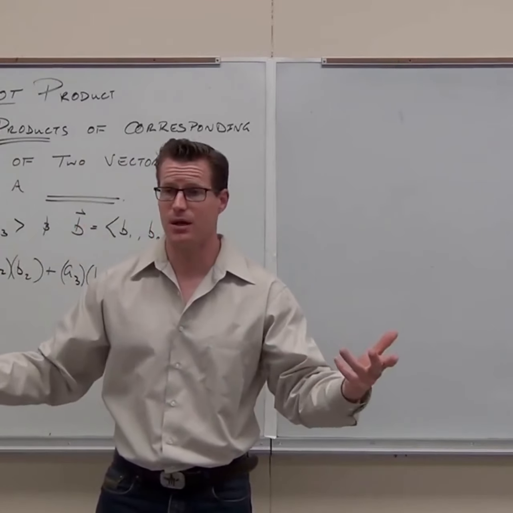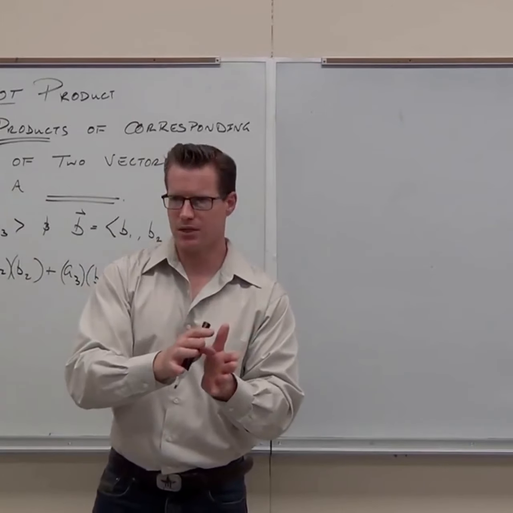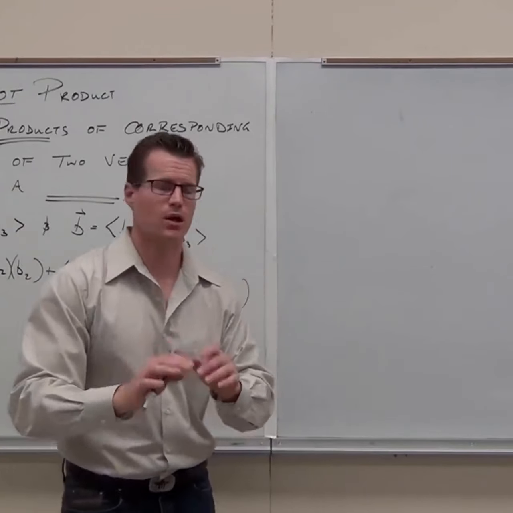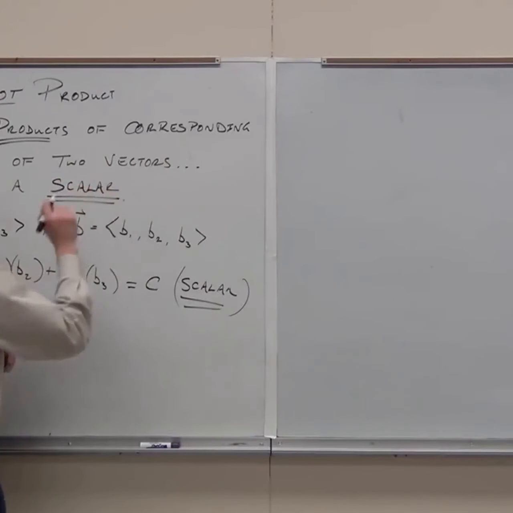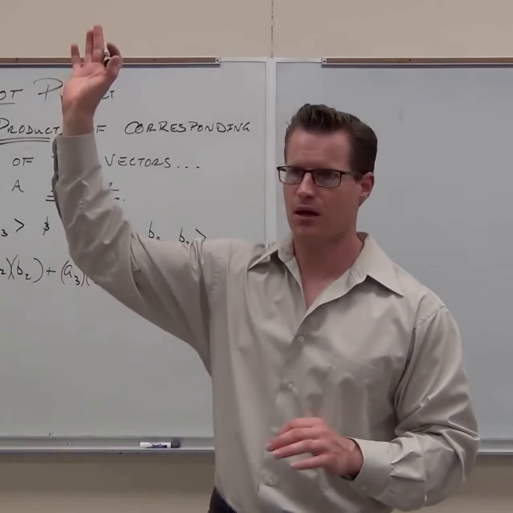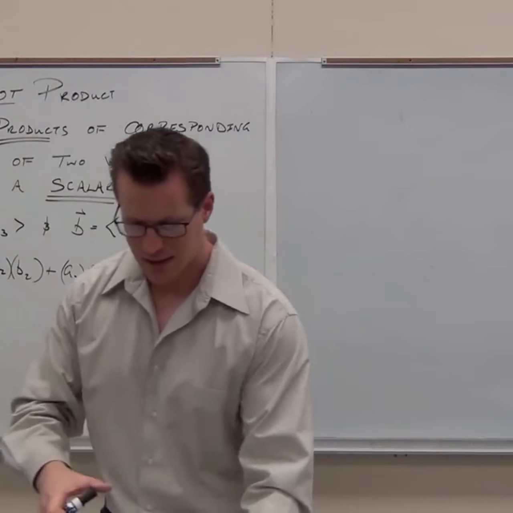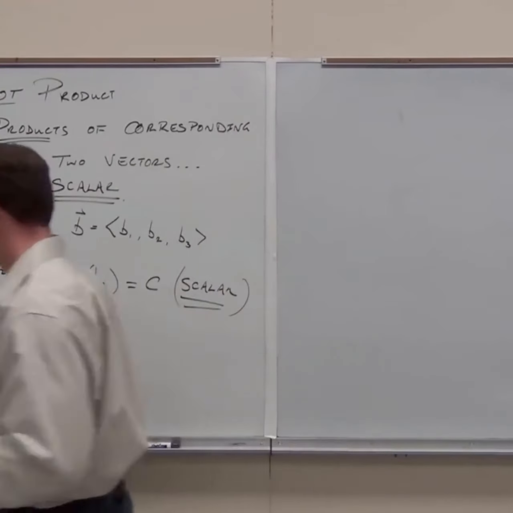What's it give you? It's a number. It's not a vector. It's a way that these vectors relate to one another. We're going to talk a lot about that. But for right now, the thing I want you most to understand is that we get a scalar out of this dot product operation. Show of hands if you do understand that. That's fantastic. Let's practice just one right now to make sure that we got this, and then we're going to continue.